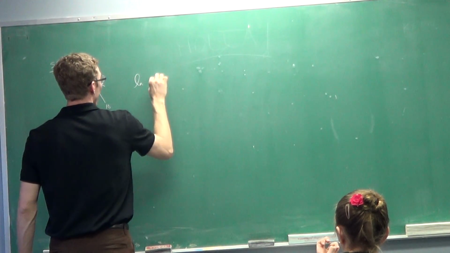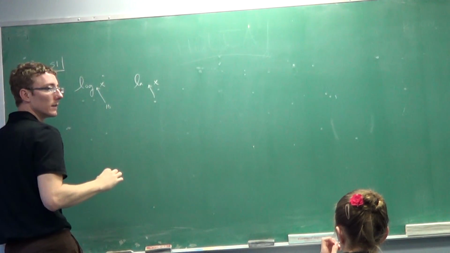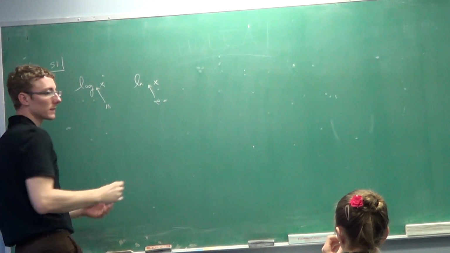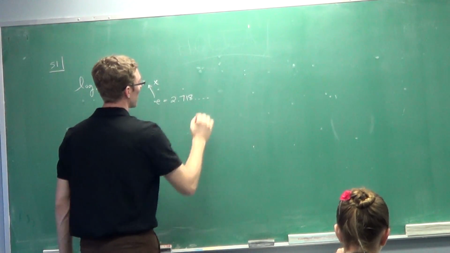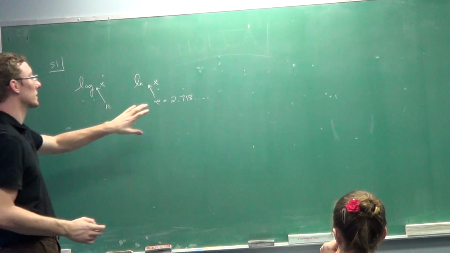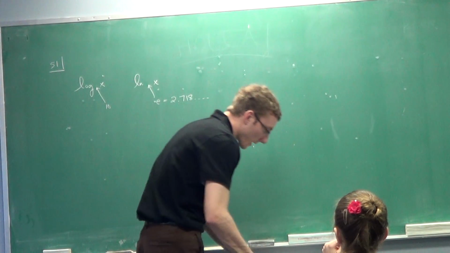If you see an ln instead of a log, the base is assumed to be e. And all you need to know is that e is a number like 2.718 something. It's less than 3, it's more than 2. You don't have to know exactly what the number is, but know that it's a magic number, calculus produces it.